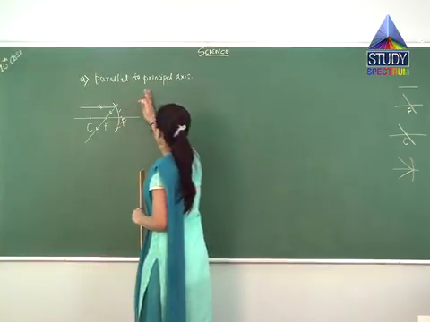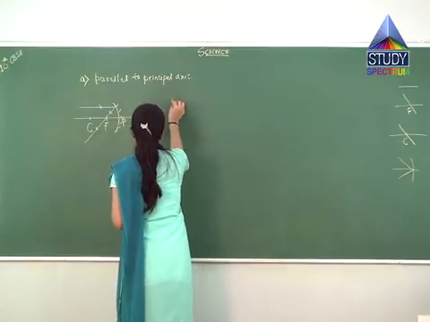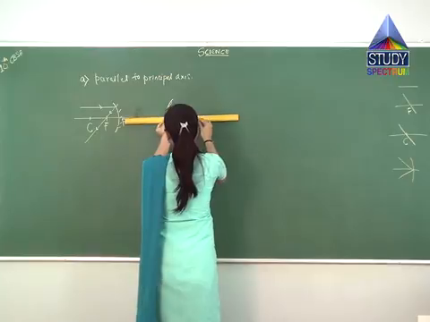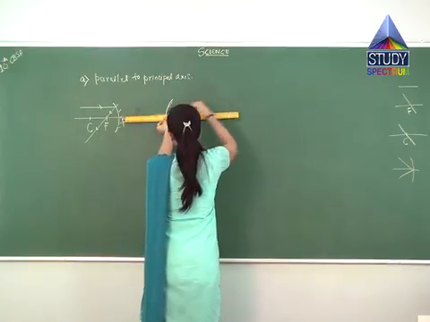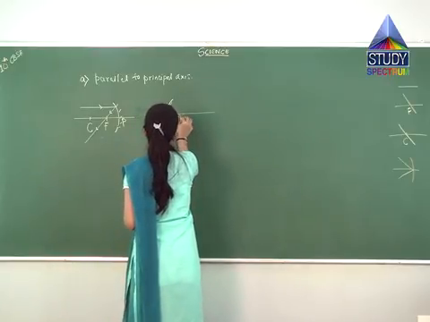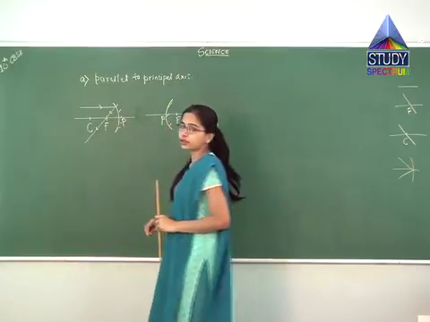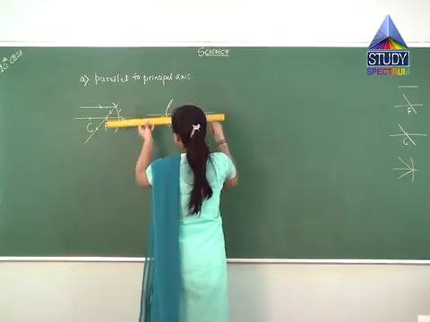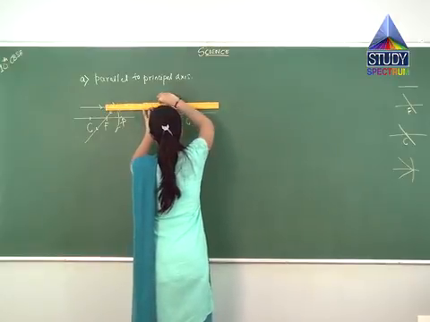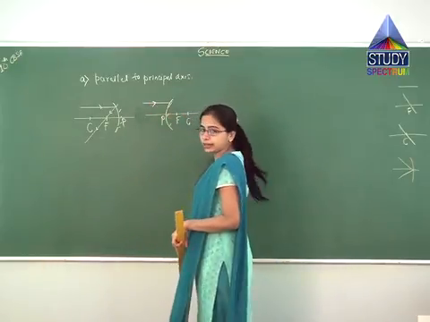Let us see how. Now here again I am taking a convex mirror. This is my pole P, this is the principal focus, this is the center of curvature. Now in this case again our incident ray is parallel to the principal axis, you can see.